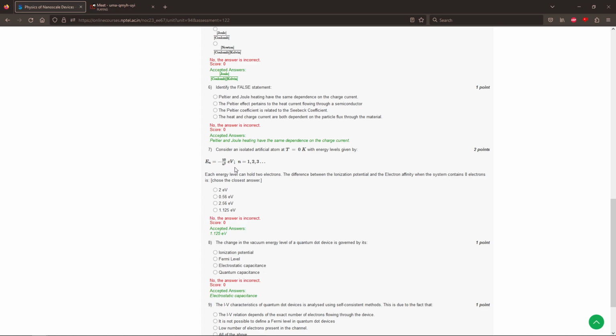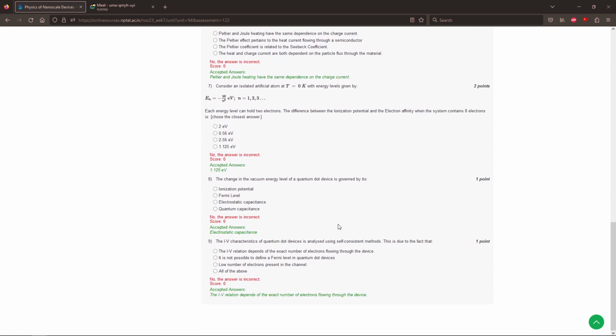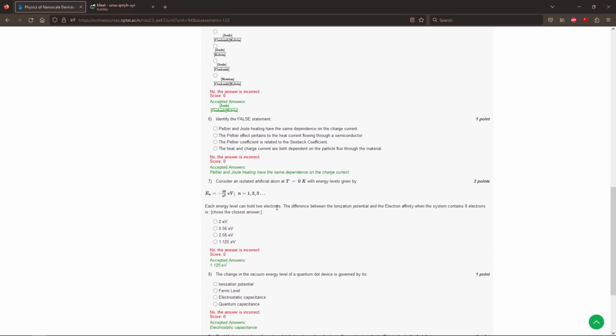Again, over here also I will kind of move backwards. Eventually I will talk about the MOSFET properties. So question 7 here. What is asked is, there is an artificial atom at T equal to 0 with energy levels given by minus 50 upon n square, where n takes the values 1, 2, 3 and so on. Each level can hold up to 2 electrons, and what has been asked is the difference between the ionization potential and the electron affinity when the system contains 8 electrons.